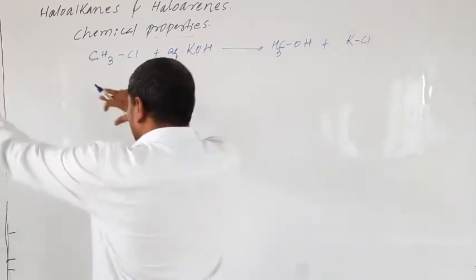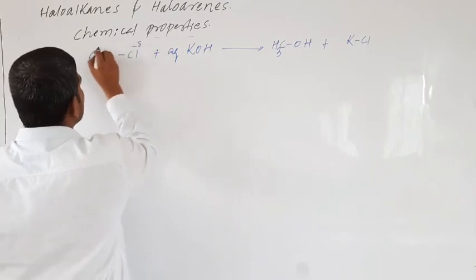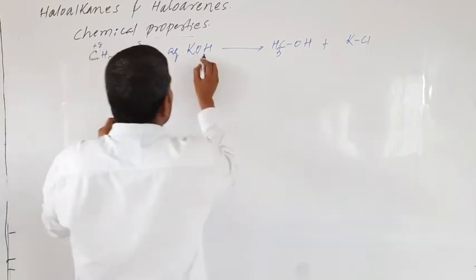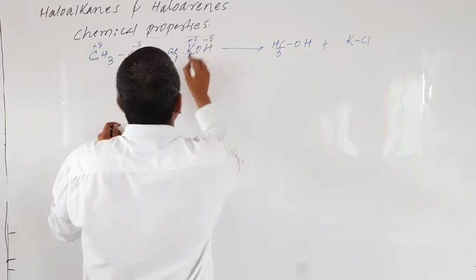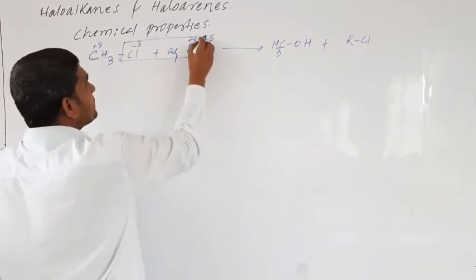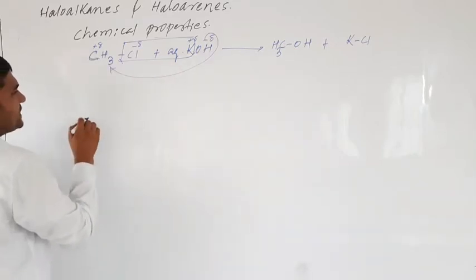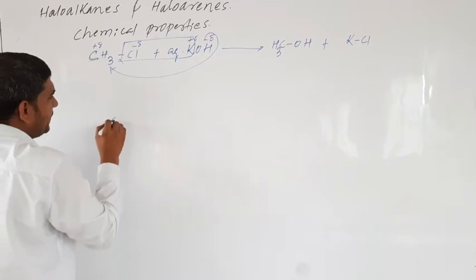How is this product formed? You know, in CH3Cl, Cl carries a negative charge and carbon carries a positive charge. In KOH, OH minus, K plus. K plus Cl minus forms KCl. OH minus attacks CH3 plus. But how does this process take place? Listen carefully, this is a very important part.